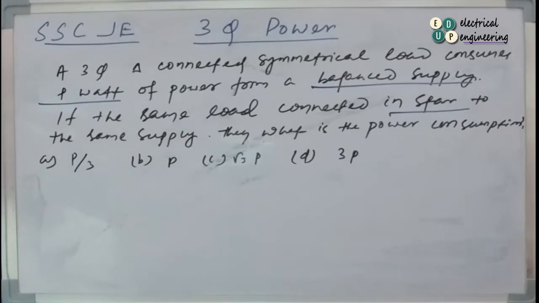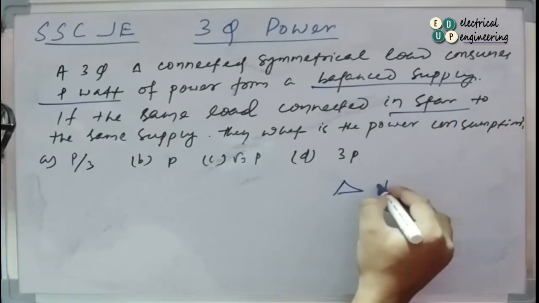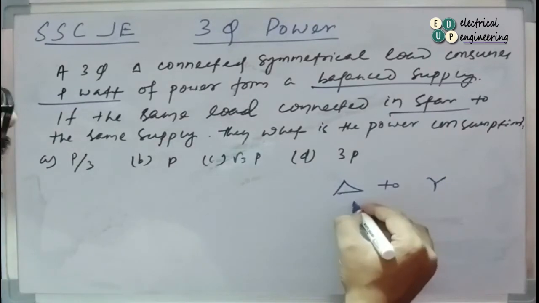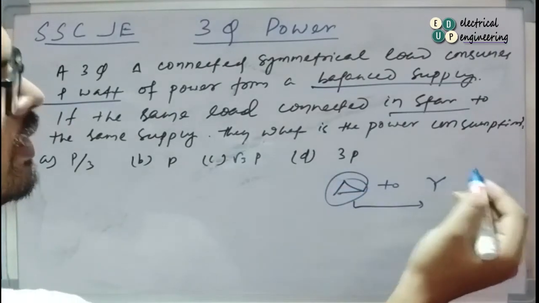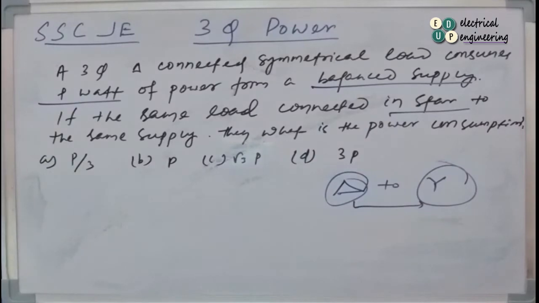We have already discussed that the total power is always constant for the same circuit. Like if I am converting delta to star, then respectively your impedances are also getting converted. So here the total power will come the same as the total power in case of star, right?